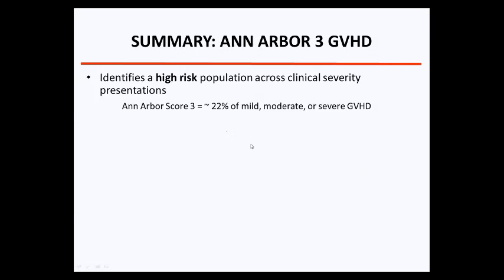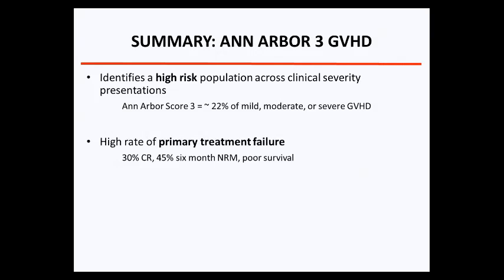So in summary, Ann Arbor score 3 GVHD identifies a high-risk population across clinical severity presentation. Ann Arbor score 3 is about 22% of mild, moderate, or severe GVHD, as I showed in the other slide. Those patients have a high rate of primary treatment failure.